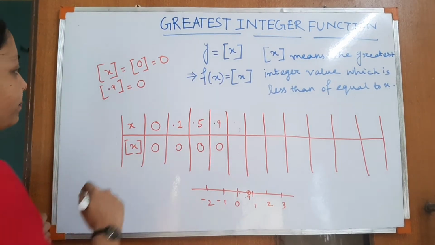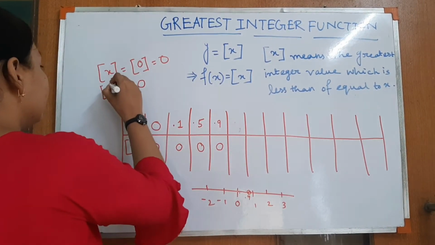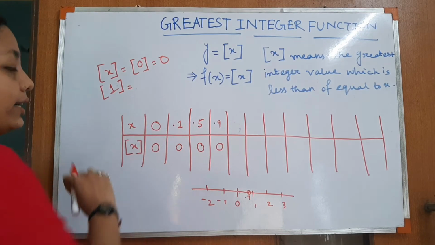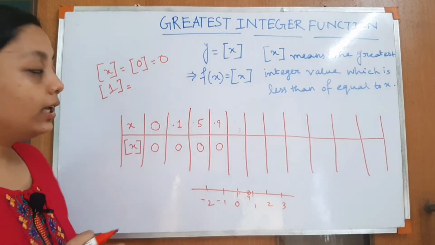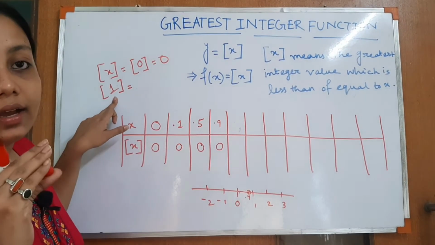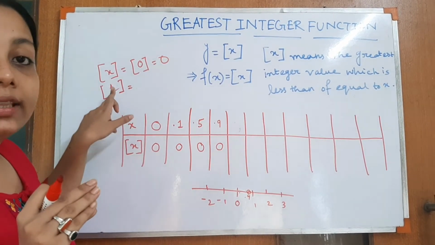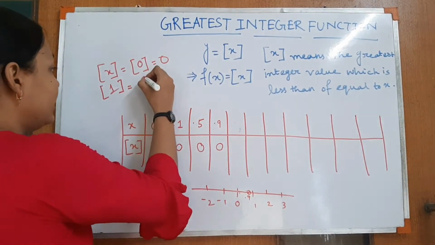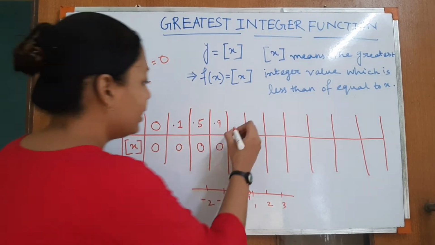Okay. Now if we take 1, what is the value of box 1? Since 1 is an integer, the box value of 1 is equal to 1.